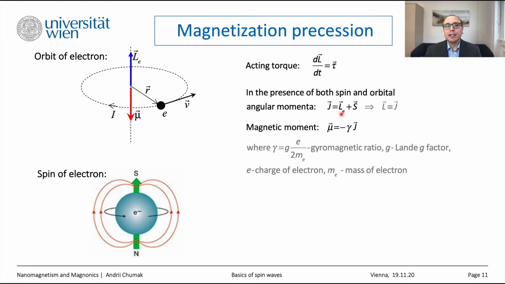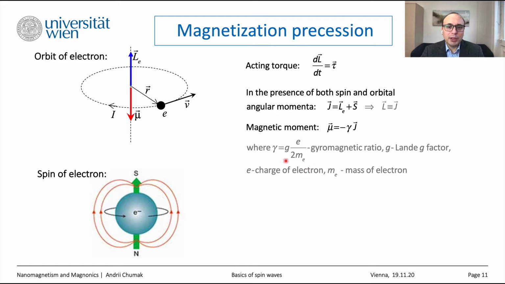That's the first point. Second, you probably all had this very simple experiment. You take a compass which has an arrow and you bring a magnet next to it, and the compass moves. So this means that the compass has some magnetic moment, first of all. And this magnetic moment is always strongly coupled, on the atomic scale, to the orbital momentum J with a parameter gamma, which is the gyromagnetic ratio.